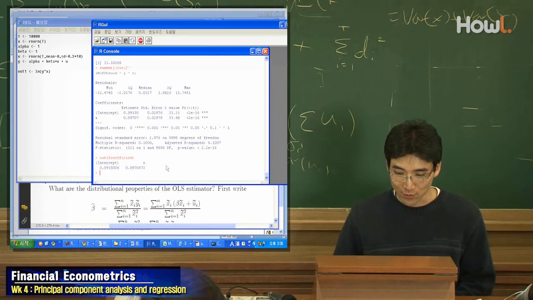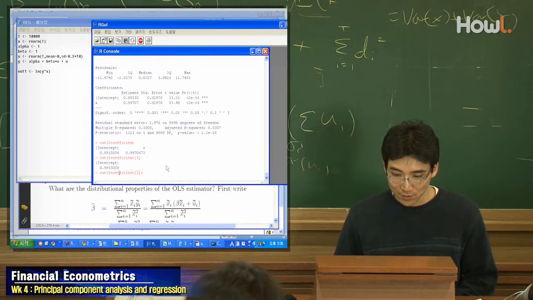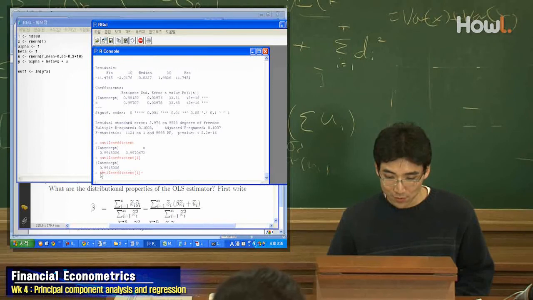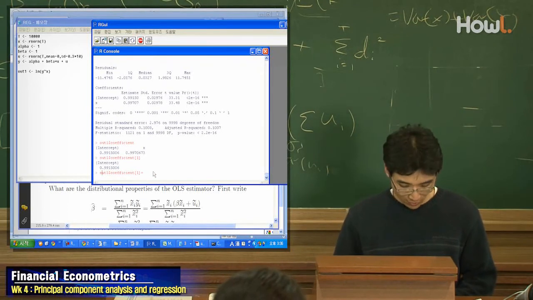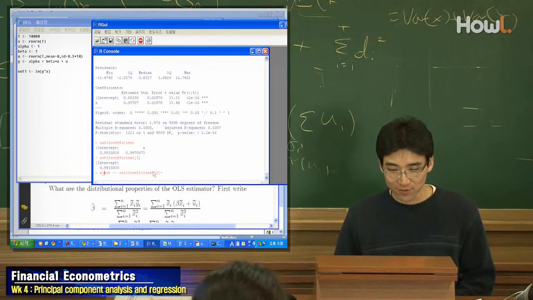Coefficient. Okay, 1, 2, so it is 1. Okay, now I think it is better. Actually, let's take an alternative way. Let's define this as a hat. Now again, a hat is the first element of the coefficient.